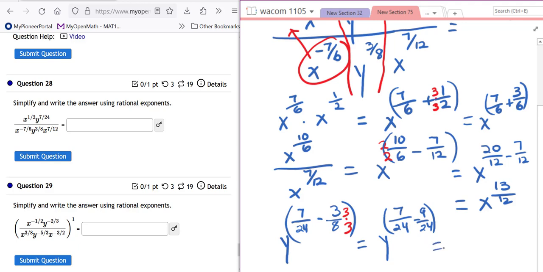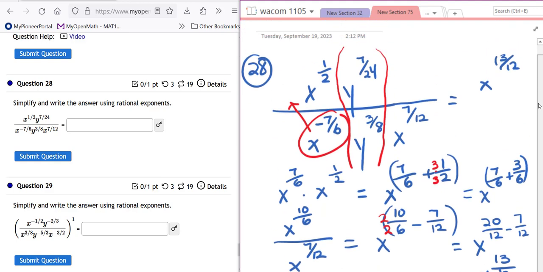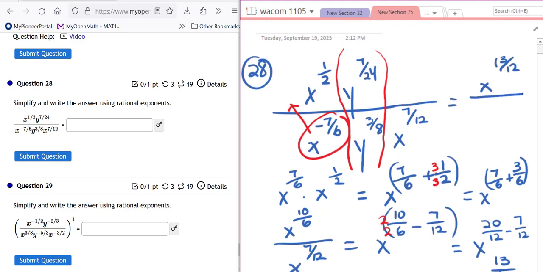And this is going to be y to the negative 2/24, right? Which they probably want us to change to 1/y to the 2/24. All right, so let's put that back. If we put it with our answer, it's going to look like this.